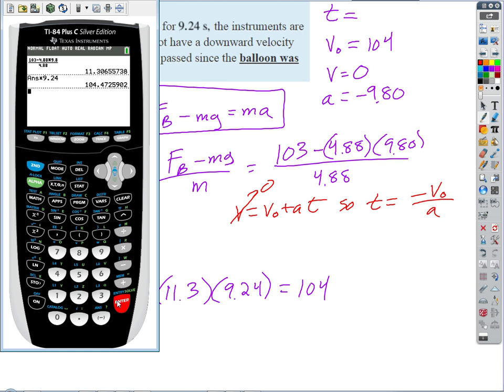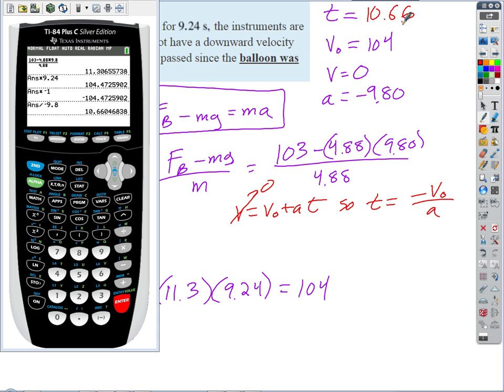And so what do we have to do? We have to multiply that by -1. Probably could have skipped that. Divided by our acceleration of -9.8 gives us 10.66, et cetera, et cetera. So that's our time.